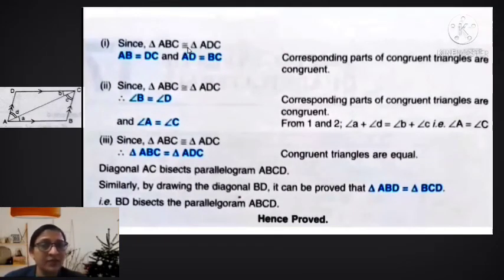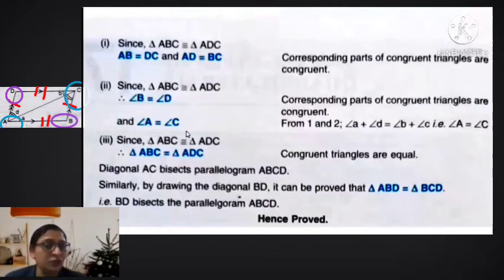Since triangle ABC is congruent to triangle ADC, side AB is equal to side DC and side AD is equal to side BC. These are corresponding sides of the congruent triangles. Angle B is equal to angle D, since these are corresponding angles of the congruent triangles.